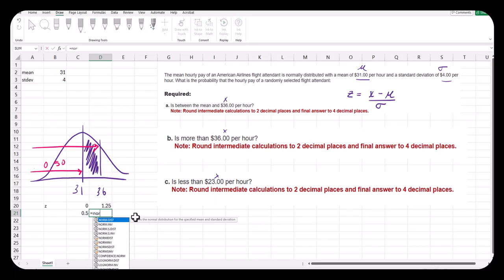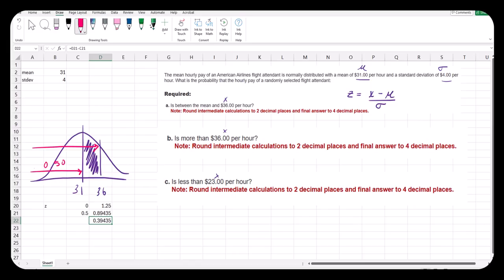Do the same thing here, norm.s.dist, my z 1.25, and true, add up all those probabilities. So to find this shaded area, I would take the whole area minus the 0.5, and that would give me this answer.